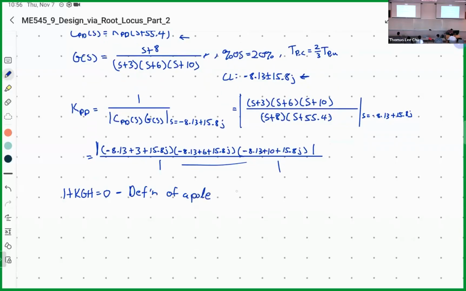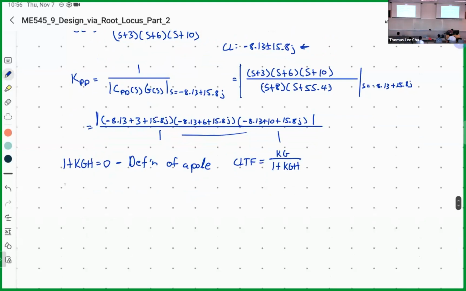It comes from the closed loop transfer function, which is kg over 1 plus kgh. Where if 1 plus kgh is equal to 0, then that's the definition of a pole. So if this is the definition of a pole, then if we take the magnitude of this, we're saying kgh is equal to minus 1, and this is where we get our angle criteria, that the angle of kgh is equal to 180 degrees.